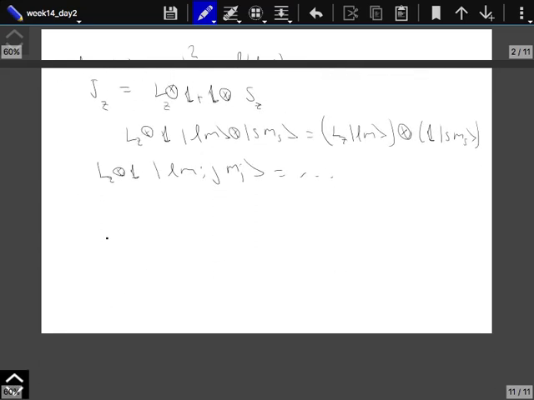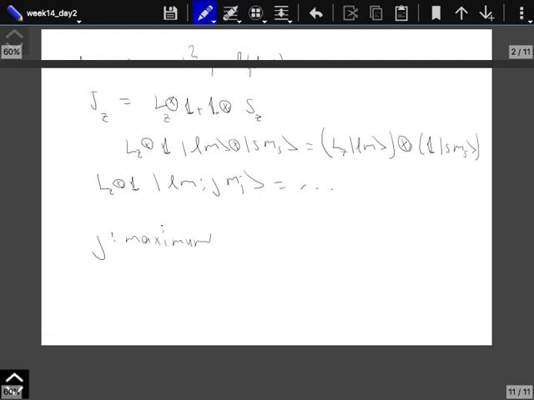You see, j, if you remember how we had defined it, this is the maximum possible value of mj. But mj is m plus ms. So the maximum possible value is when m takes its maximum value and ms takes its maximum value.